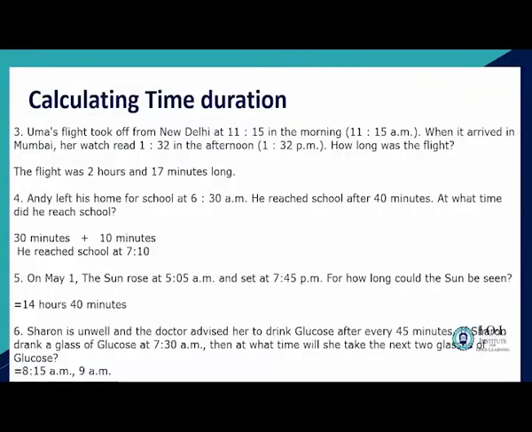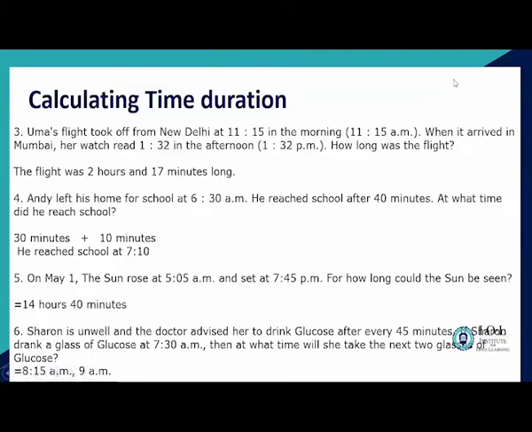So imagine now from 11:15 in the morning to 1:32 in the afternoon. How many hours and how many minutes are there? This one was calculated already: it was 2 hours 17 minutes. But how?